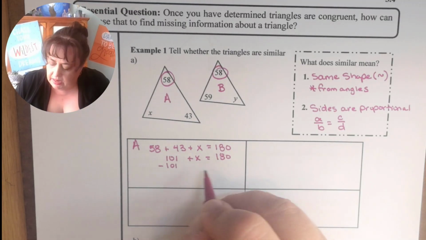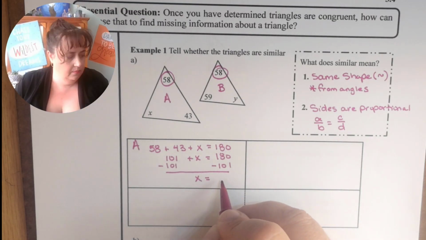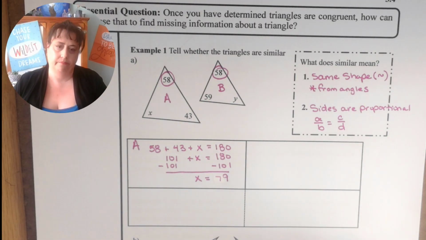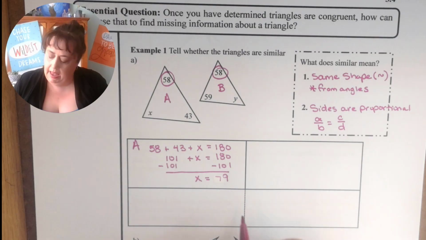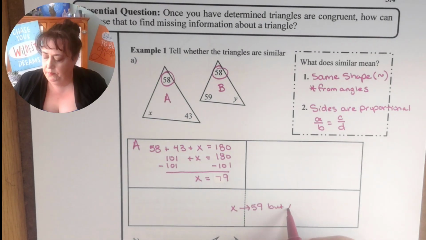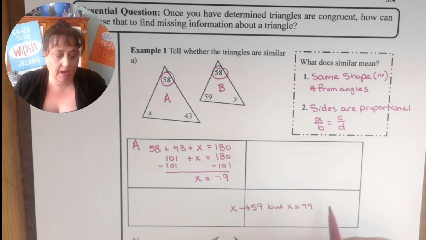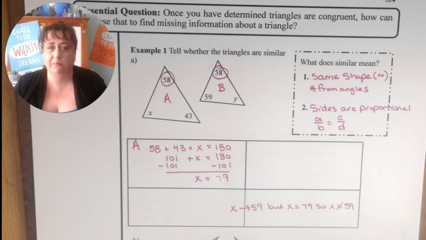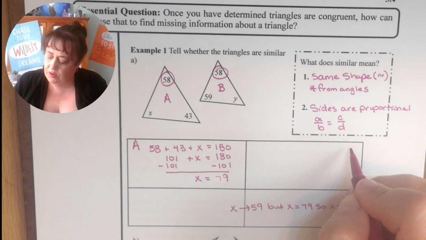Subtract 101 from both sides. X is 79. We were hoping for it to be 59. That's unfortunate. X needed to be 59, but X equals 79, so X cannot equal 59.